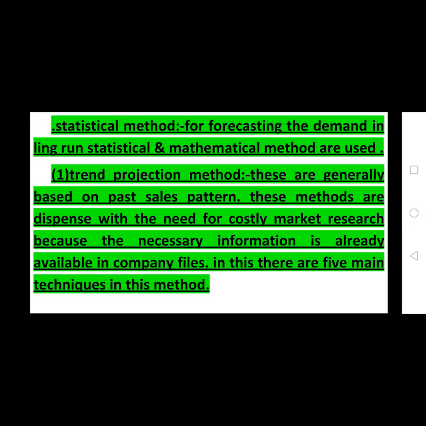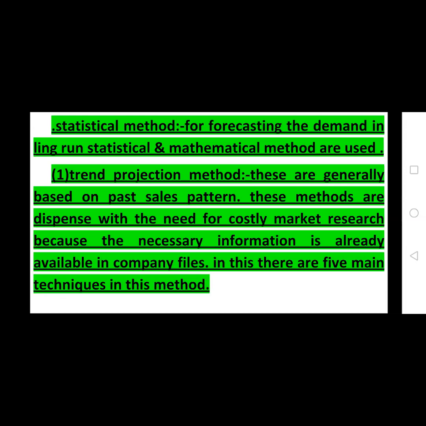The trend projection method is based upon the company's past data, that is, the company's last year sales, or the sales from 4 years back. This type of data is helpful for estimating the future demand for a product.